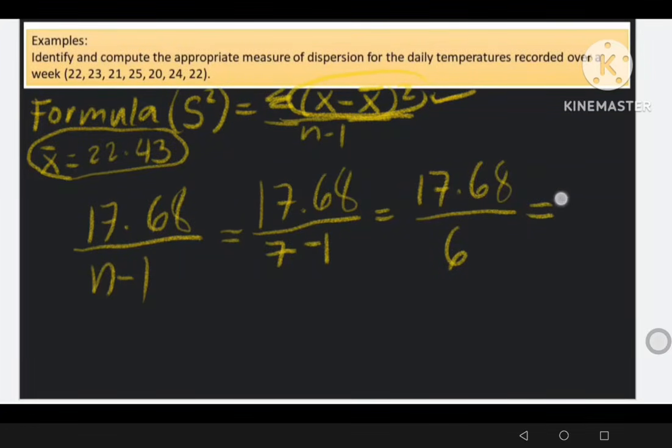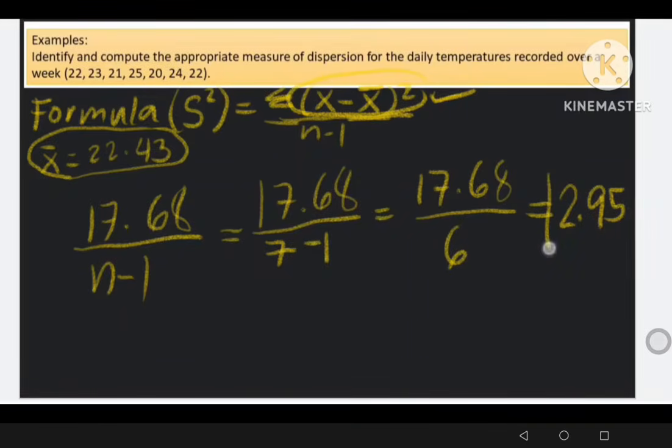The result is 2.95, since the actual result is 2.94666 and so on. We need to round it off to 2 decimal places. So 2.95 is our variance. It serves as S squared.